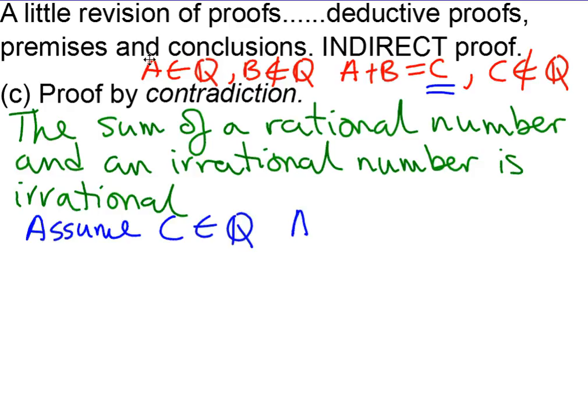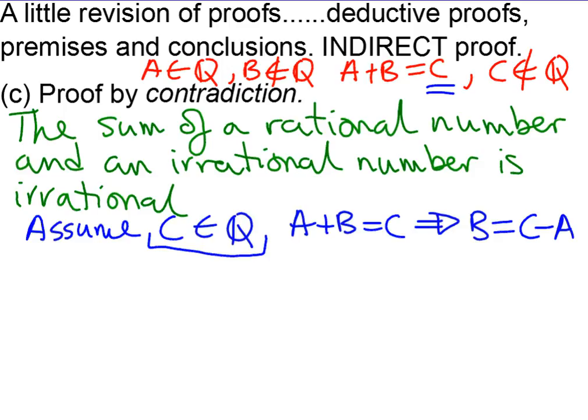We have A plus B equals C. In other words, B is C minus A. Let's think about that. C and A are rational numbers because this is our assumption and our premise.